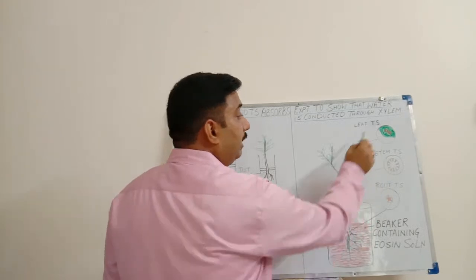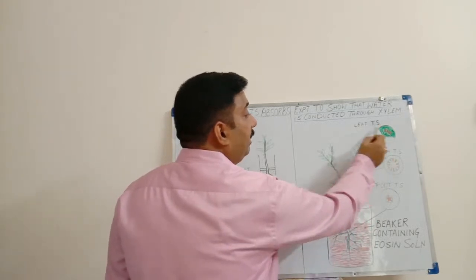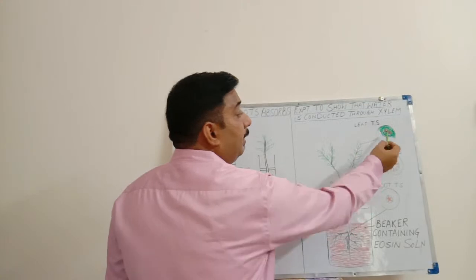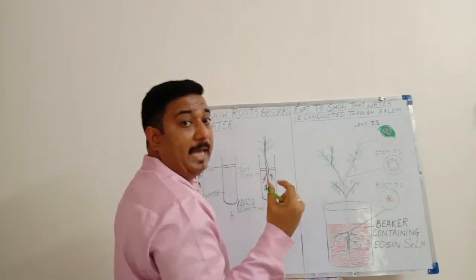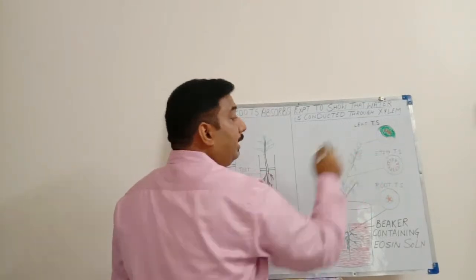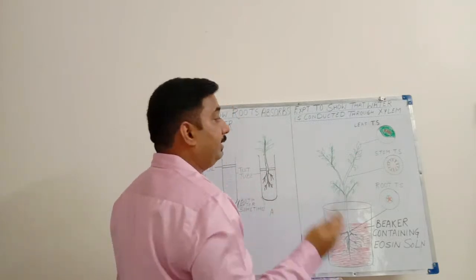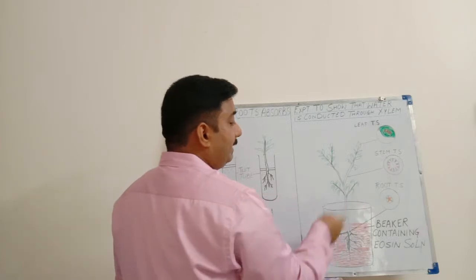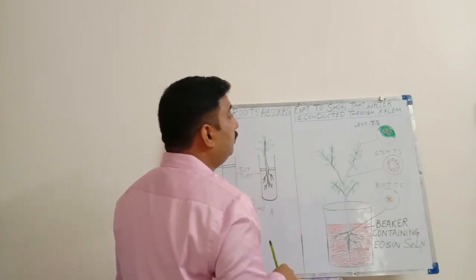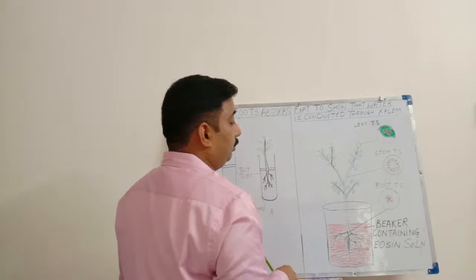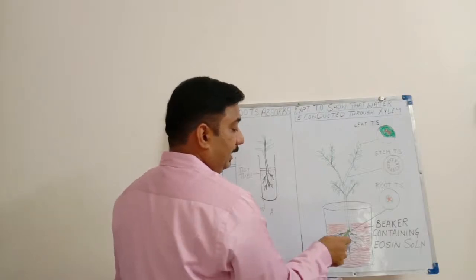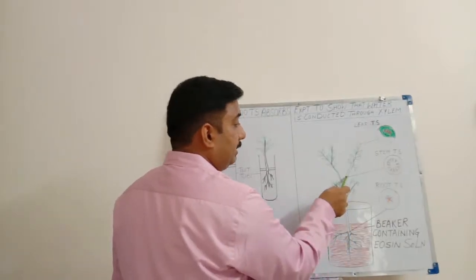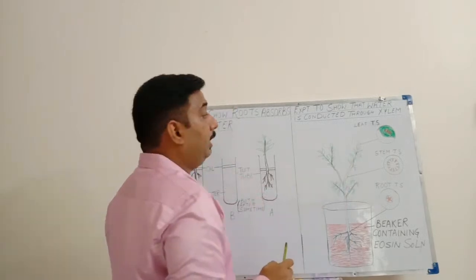It will move into the leaves also, and when we cut the transverse section of the leaf, the mid-rib portion containing the xylem cells will also attain the same color of the dye. They will turn red. So by this experiment, it is proved that water is conducted through the xylem, the xylem that is present in the roots, in the branches, and in the leaves also.